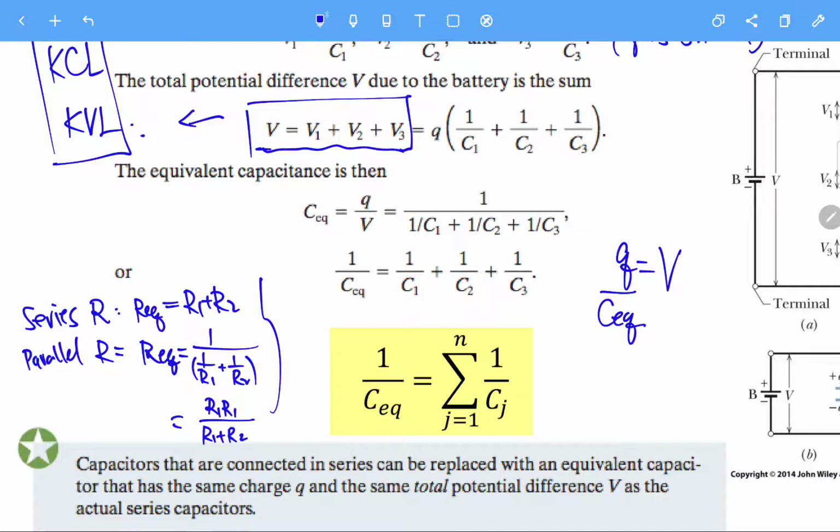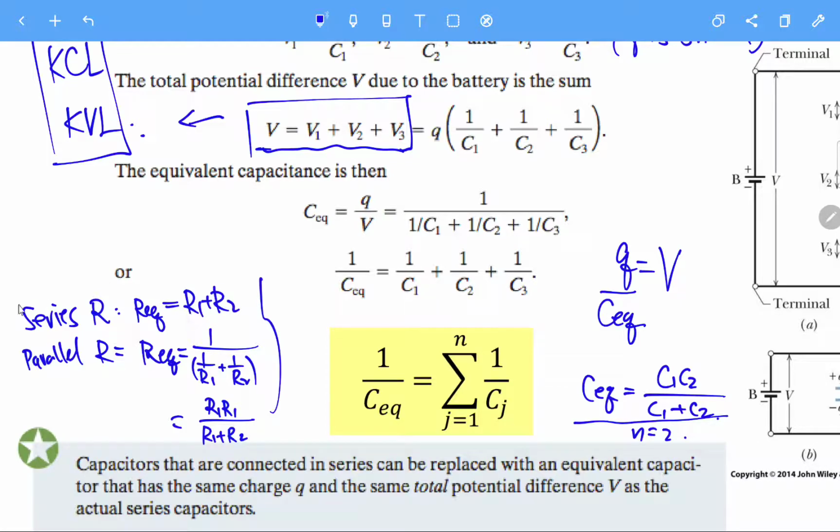For this case, C_EQ, if you have only two in series, it is nothing but C1 C2 over C1 plus C2. But C and R are different.